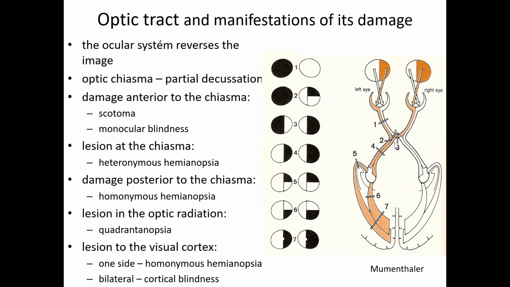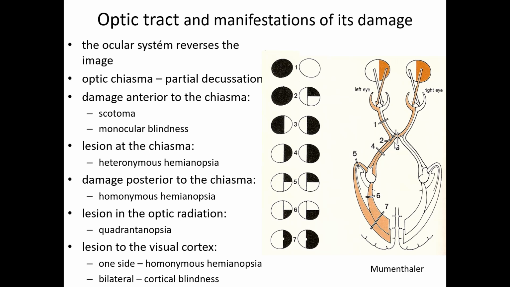So lesions at the optic chiasma will cause loss of the temporal side of the visual field of both eyes, and it will lead to bitemporal hemianopia or bitemporal vision loss or heteronymous hemianopia.